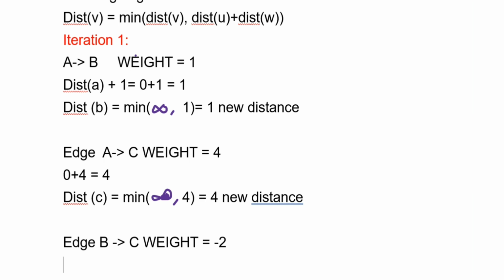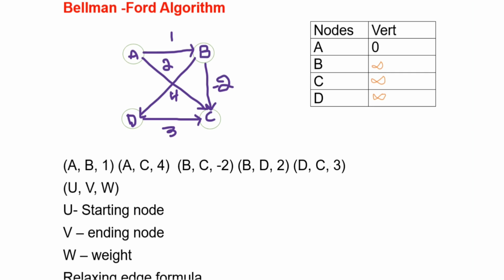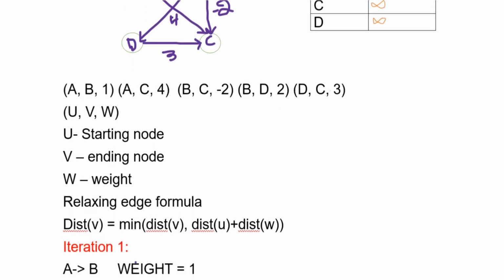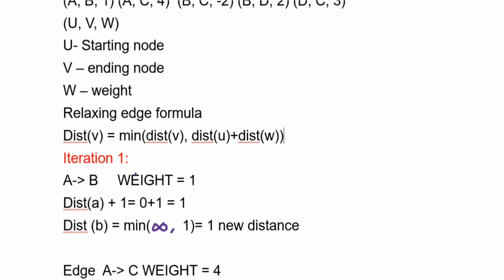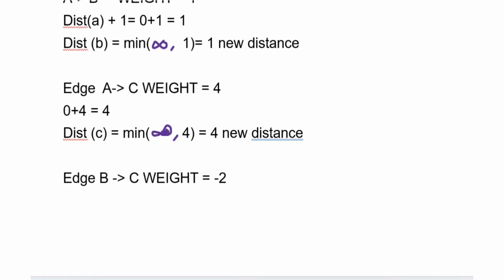Next, we move on to edge B to D. The weight is 2. The distance to D through B is 1 plus 2, equal to 3.